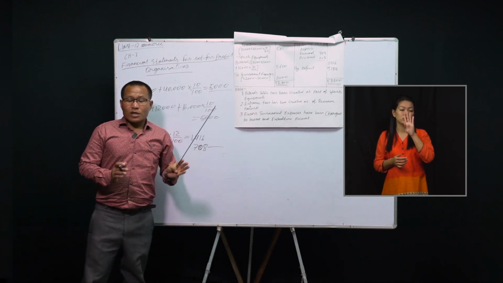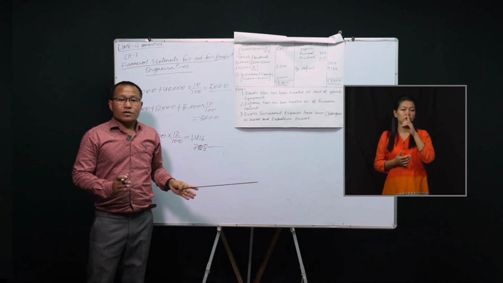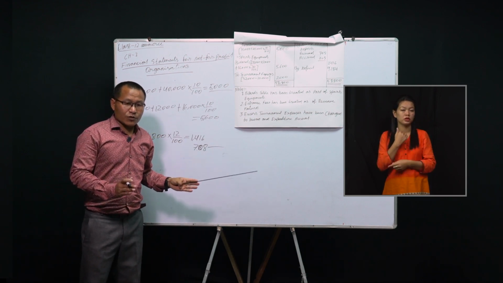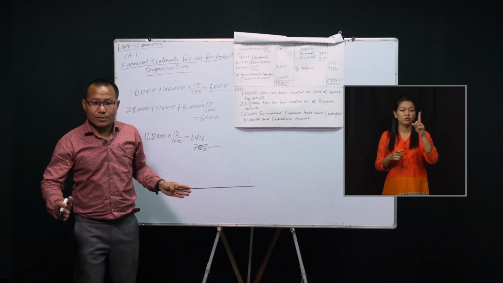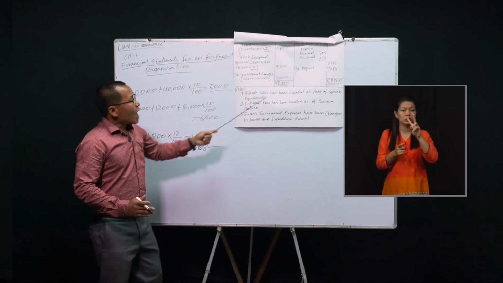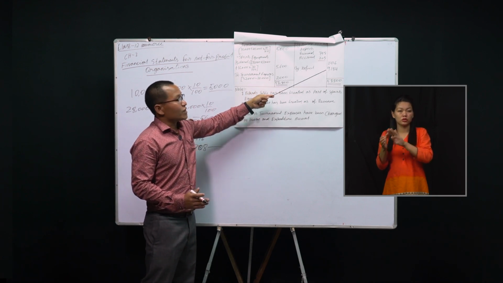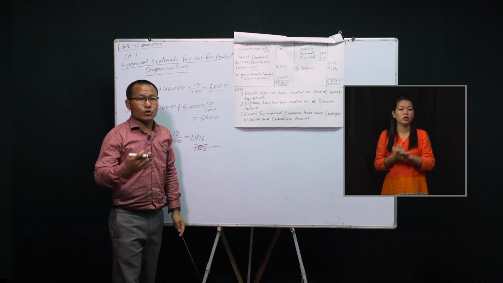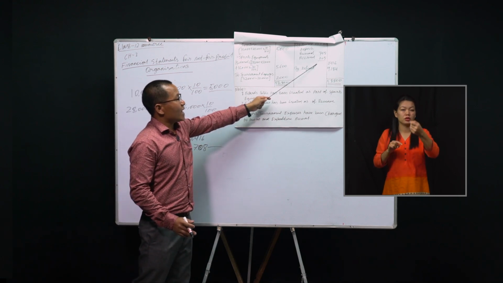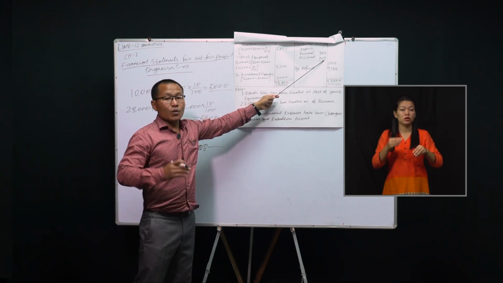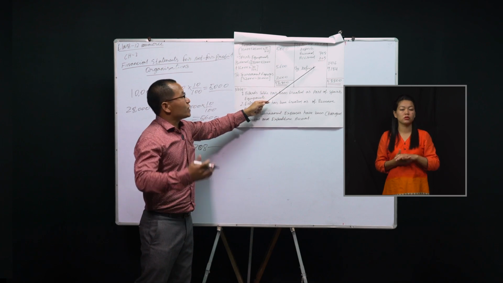Their financial accounting year starts from 1st January to 31st December. Therefore, half yearly interest has been already received and the half yearly interest has been accrued but not received. So we are supposed to add 708, which they are yet to receive.